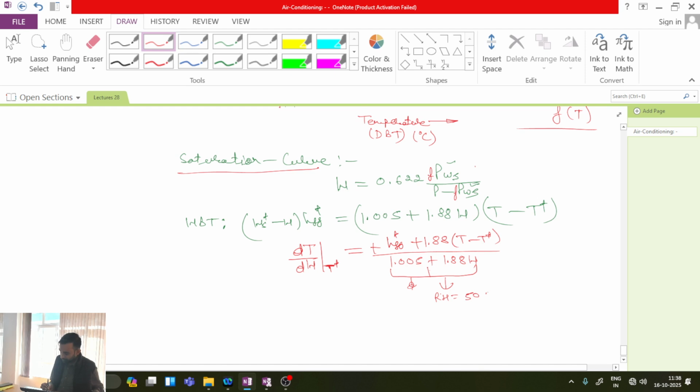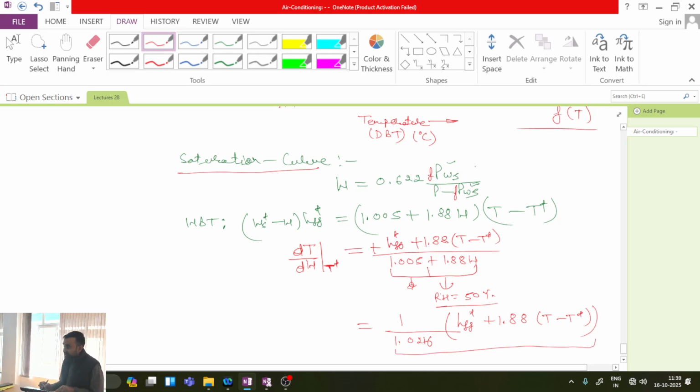So by using 50% relative humidity, if I calculate this number, I will get it to be 1.0216. So it is 1 divided by 1.0216 into HFG star plus 1.88 into T minus T star. Now you understand this equation.